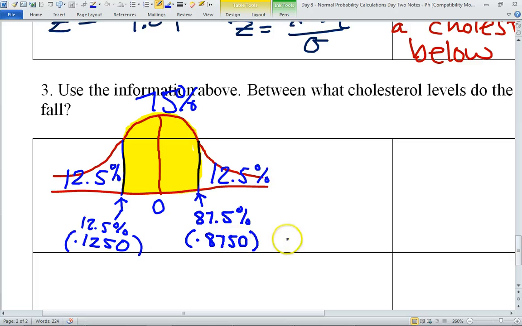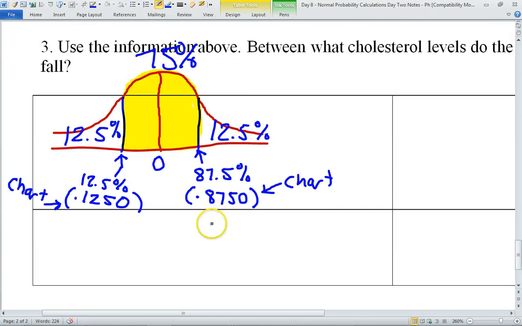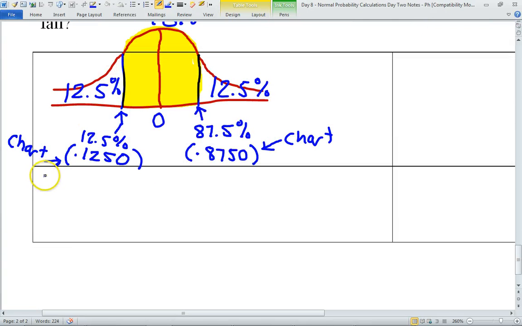Okay, these are the values that I'm going to look for on the chart. So, once I find them on the chart, then I will have my z-scores. So here we go. Z-scores. Alright.